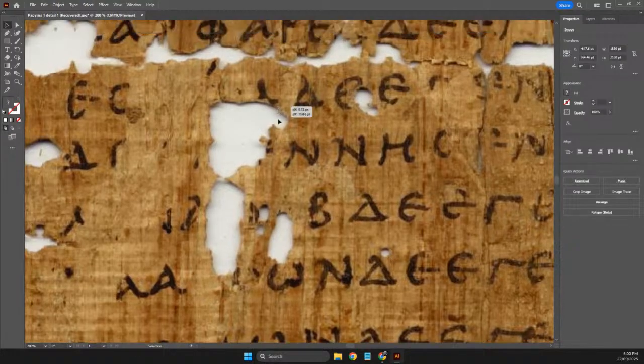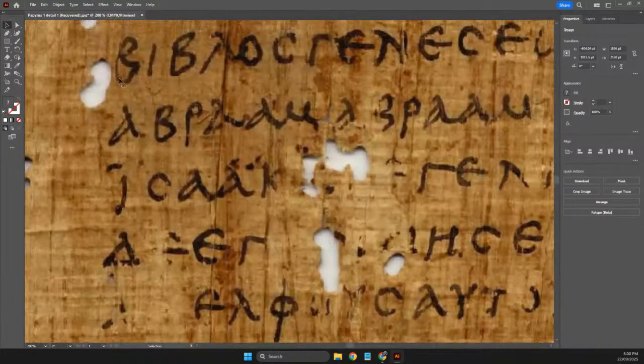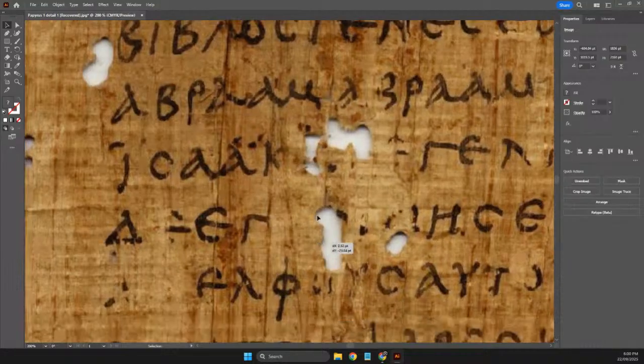I do assume that the first vivlos here, because when you look at this vivlos and the one underneath it here, they seem to have a very similar style, and all the way through it's like that. But when you look at this one, it seems like that hole was already there, and they've written this in a swervy sort of way to fit it in next to here, which is a bit strange.